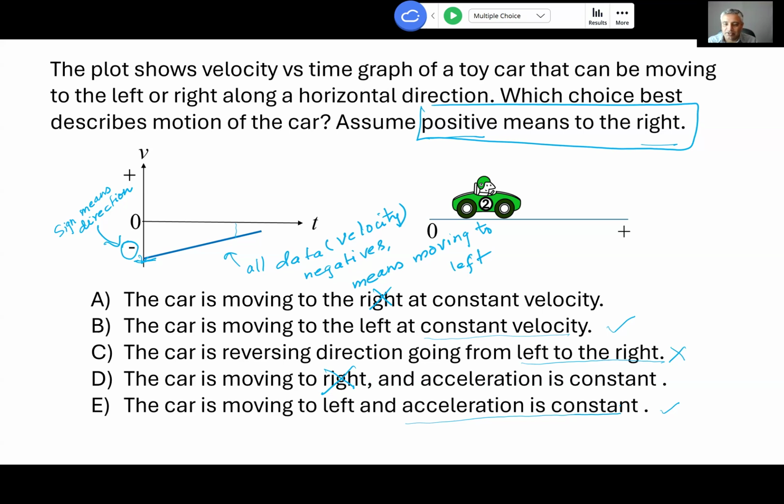Slope has to be zero. So do you think it has zero slope? When is the slope zero? When the line is flat, horizontal to the time axis. It is not, so it has slope. Is the slope positive or negative? Is it uphill? See, up is positive. So is it going uphill or downhill?